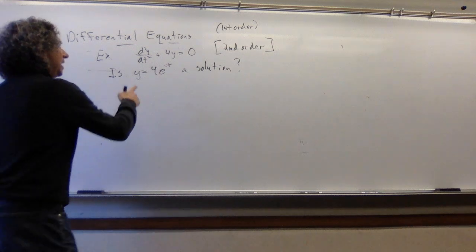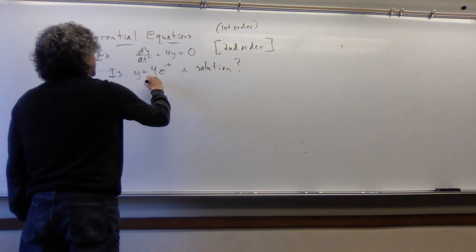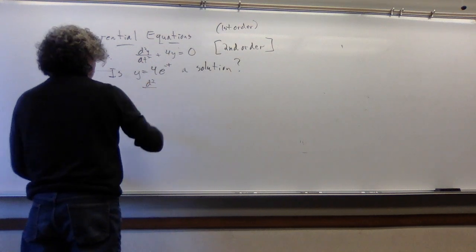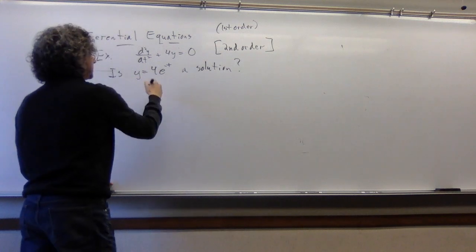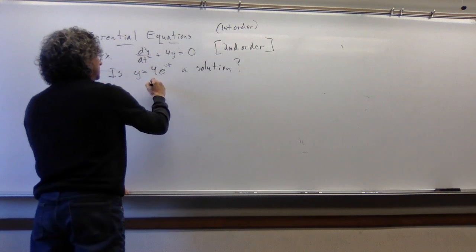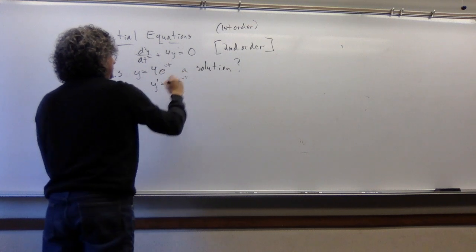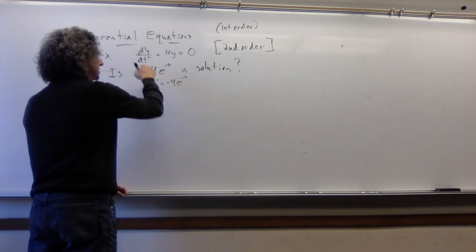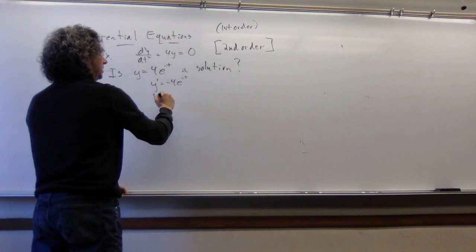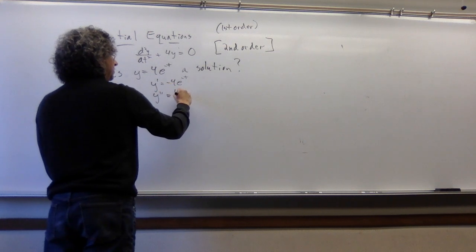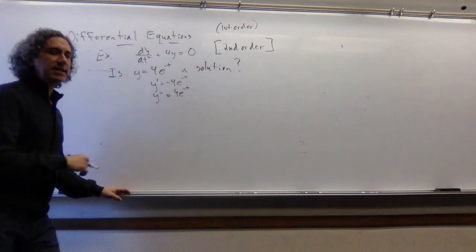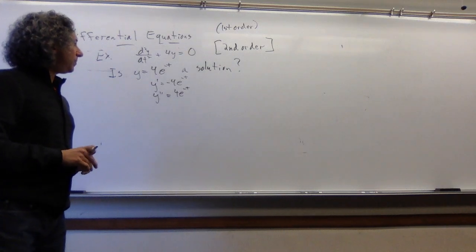All right, hopefully you tried to compute the second derivative. So let's compute the second derivative of this. I guess we need the first derivative first. So y prime is minus 4e to the minus t. Y double prime, which is the same thing as this, is equal to 4e to the minus t. Here I'm remembering to use the chain rule.